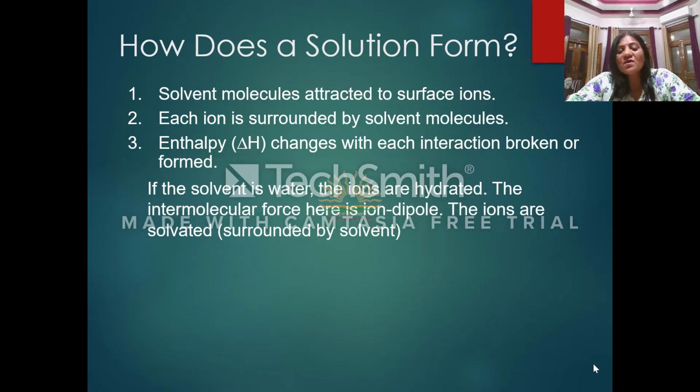If the solvent is water, the ions are hydrated. The intermolecular force here is ion-dipole forces. The ions are solvated, surrounded by solvent. So when the attractive forces between the solute and solvent are stronger, then a solution can be formed.